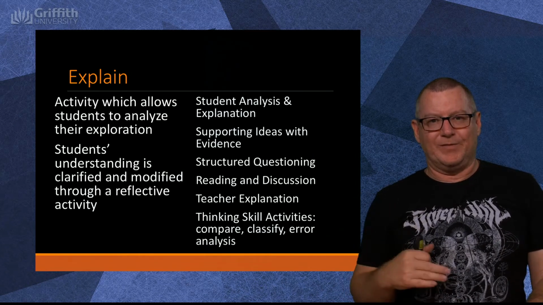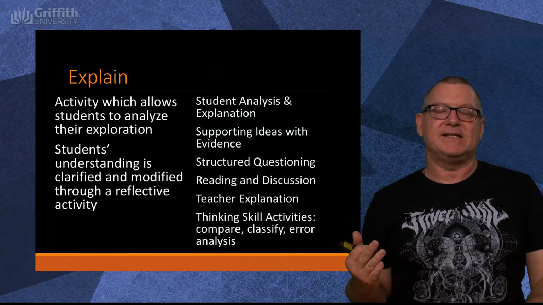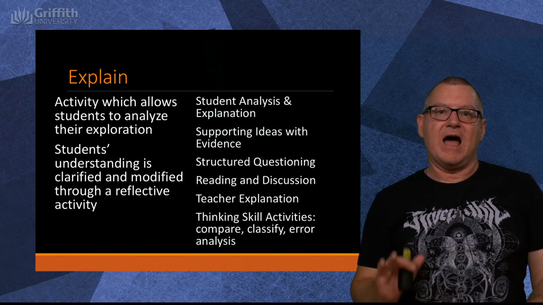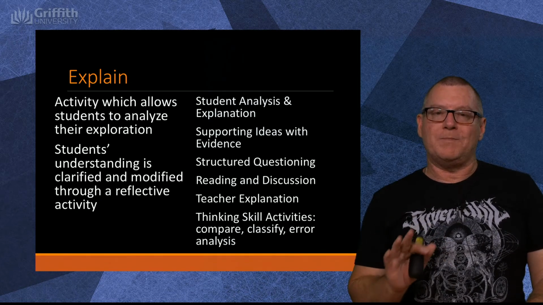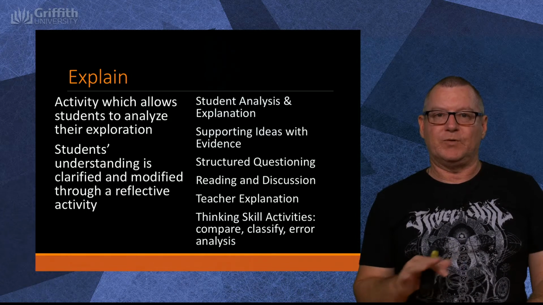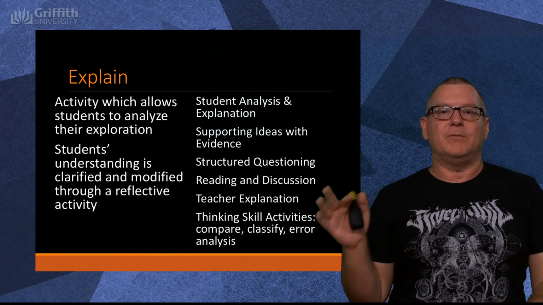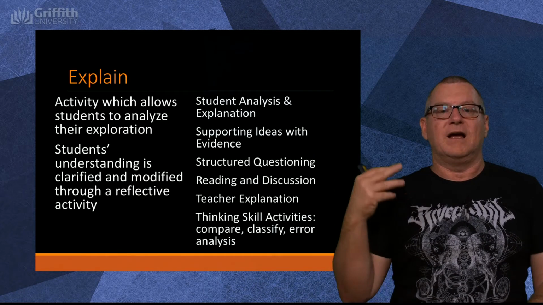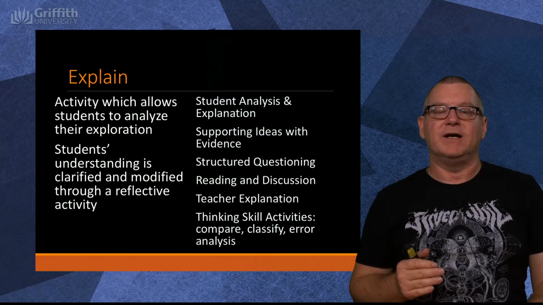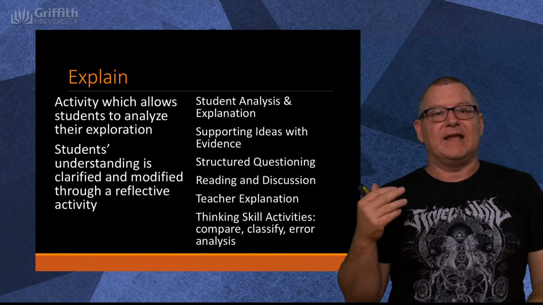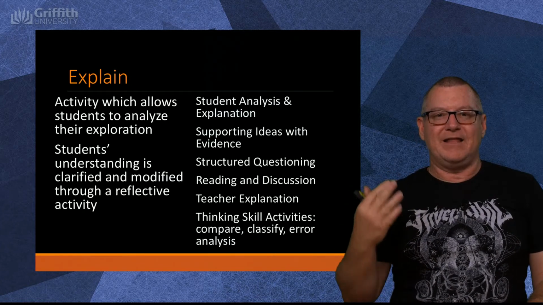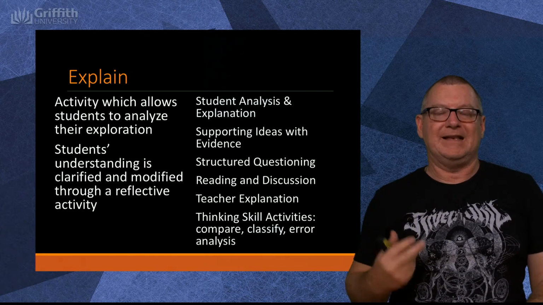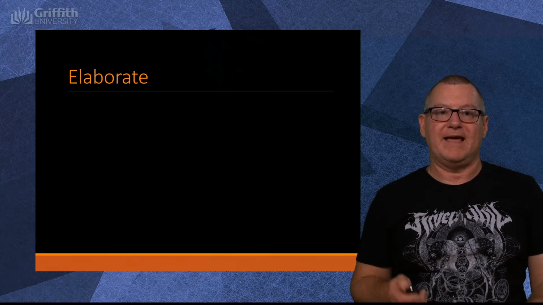I'm presuming that you've run into Bloom's taxonomy already in your studies. If you haven't, essentially the lower levels of thinking are the recall, remember the facts, remember the information, be able to apply it. The higher level are be able to make judgments, assess, evaluate, synthesize, pull together, compare and contrast, classify, etc. So what we're saying is, at this explain phase, you're elaborating their understanding. You're getting them to think about it more deeply and be able to explain it and clarify it for themselves more deeply than they have so far.